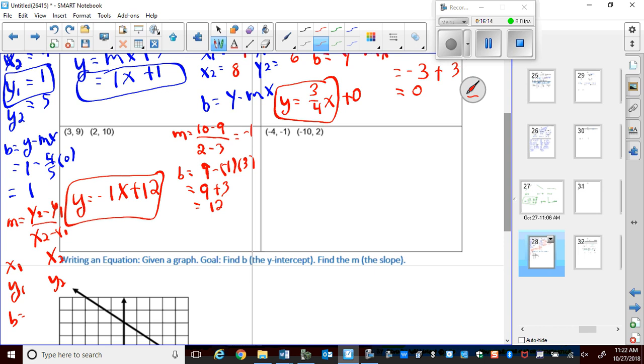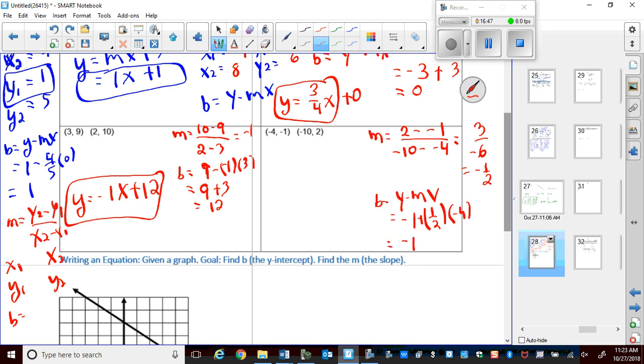Last one, I'm finding my slope first. m equals 2 minus 1 divided by negative 10 minus 4 equals 3 over negative 6, or simplified to negative 1/2. b equals y minus mx, or in this case negative 1 minus negative 1/2 times negative 4, equals negative 1 minus 2, which is negative 3.